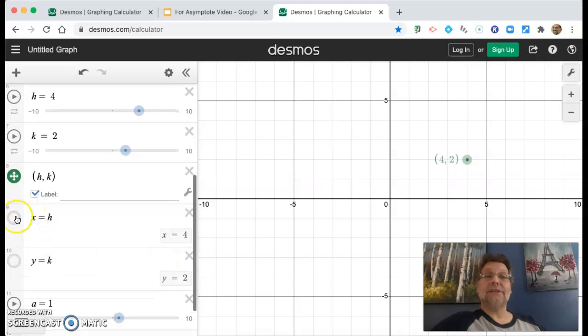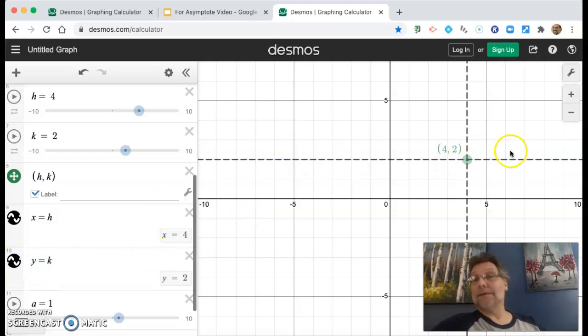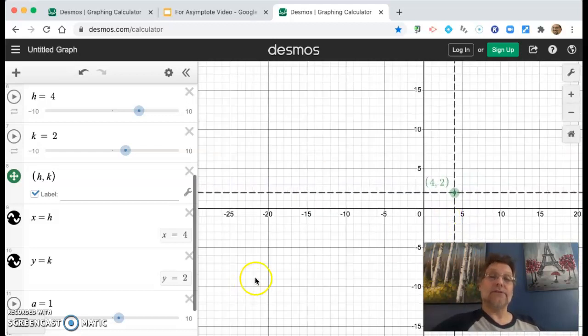And actually, x equals h, so x equals 4 in this case. Whenever you have x equals a number, it's a vertical line. Y equals a number will be a horizontal line. So y equals 2, y equals k, is this line. And so when your h and k are 4 and 2, you get this locator point here, and you get those asymptotes. Those asymptotes will guide you how to graph the function.